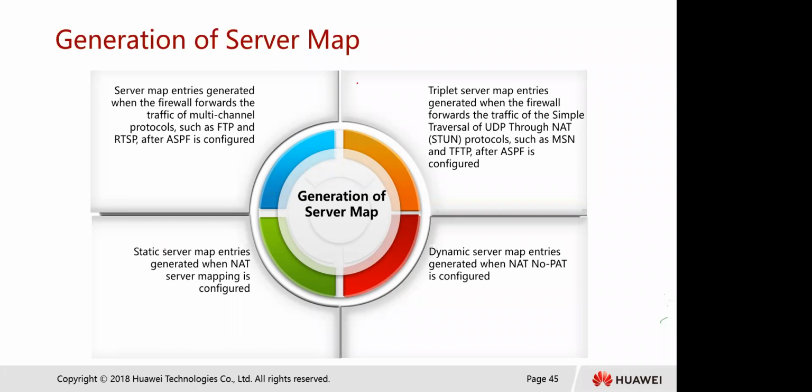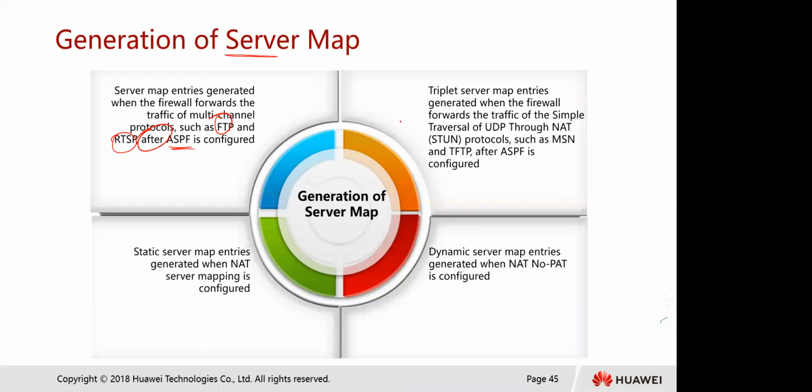So depending on what you want, how do we generate our server map? Server map entries are generated when the firewall forwards the traffic from multi-channel protocols like these protocols here. And after this is configured on our server, the data connection of our multiple channel is negotiated.